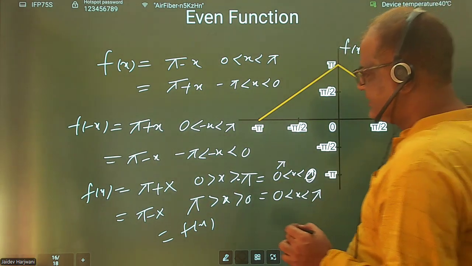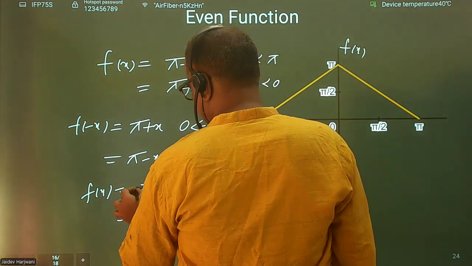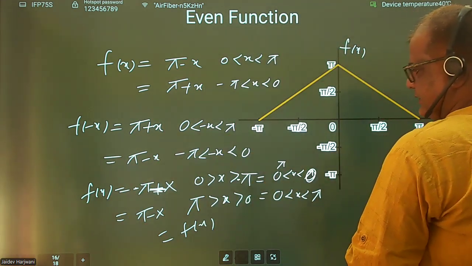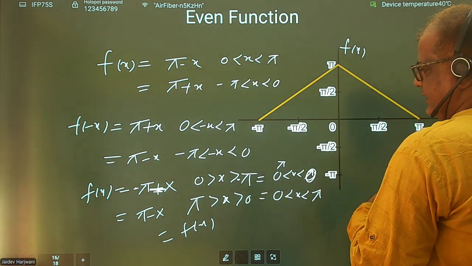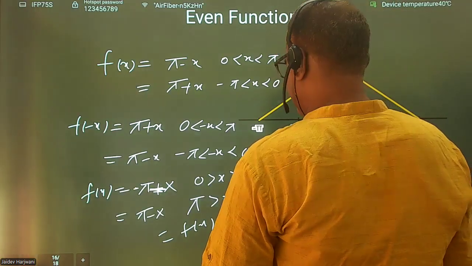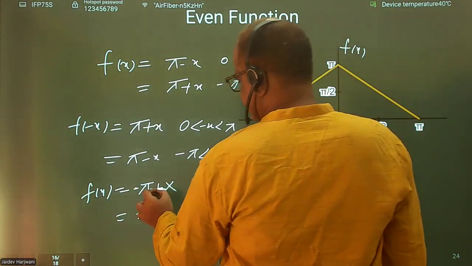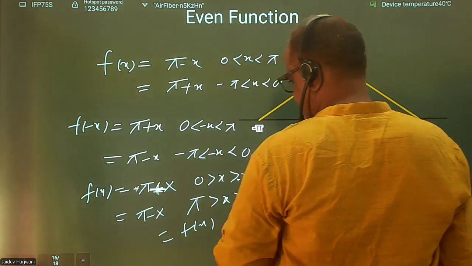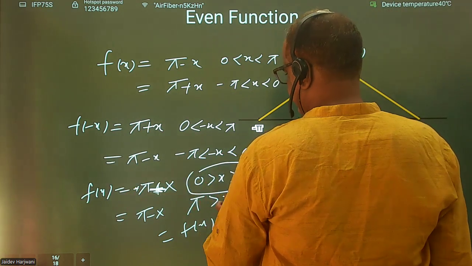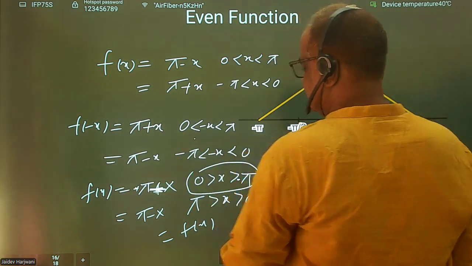So this should be −π < −x. And if I multiply it all with minus 1, this I already replaced, so this I need not multiply. Only this inequality I want to change; here it is already changed.